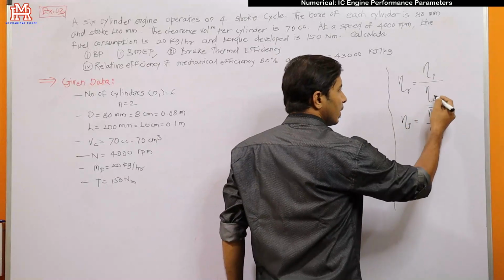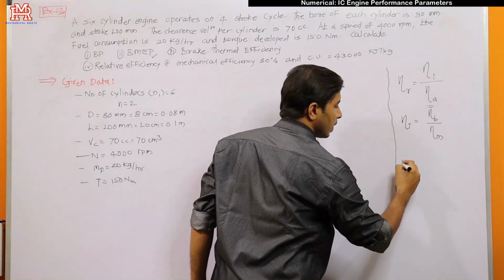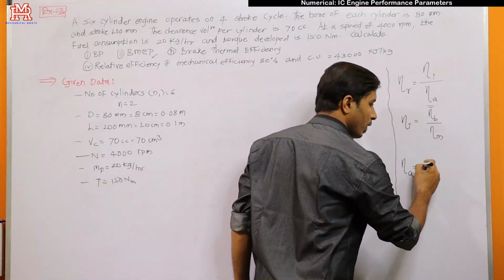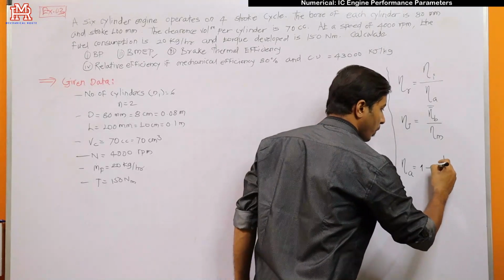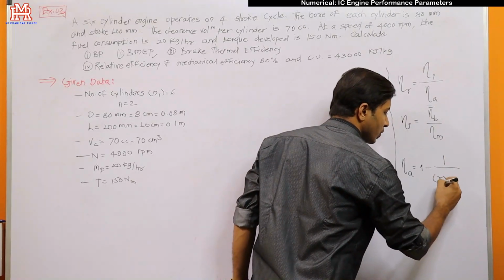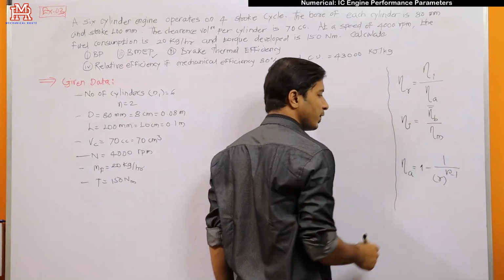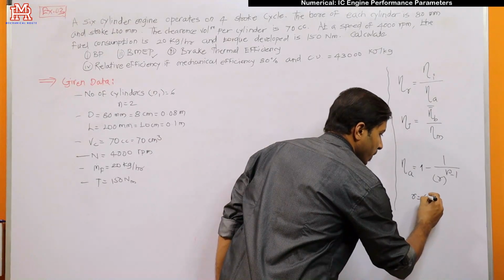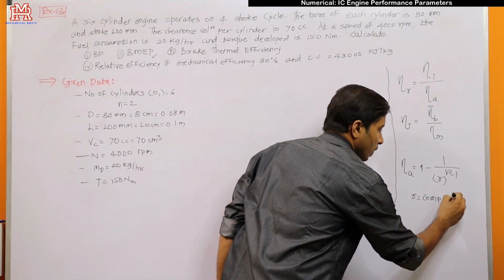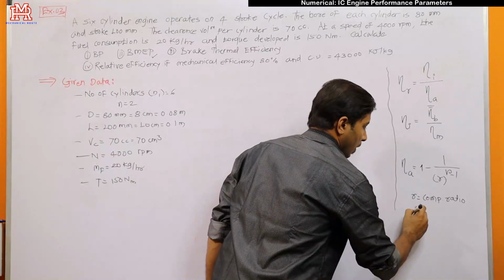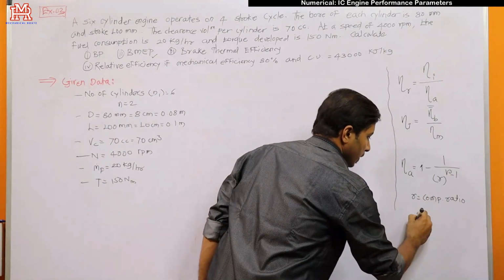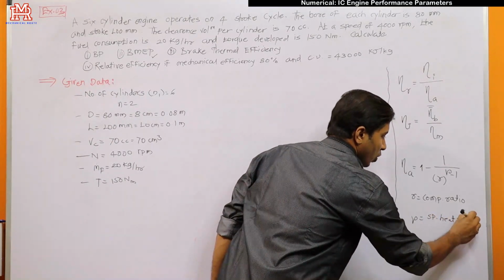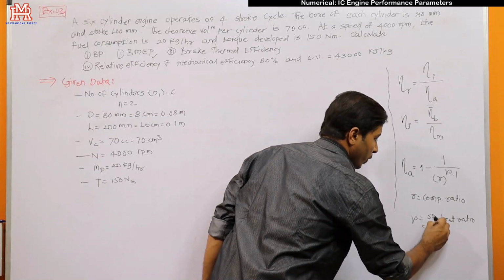And then to find the air standard efficiency, we have one formula, which is 1 minus 1 upon R raised to gamma minus 1. Here gamma is the specific heat ratio, and R is the compression ratio. The value of gamma is, we know, 1.4.